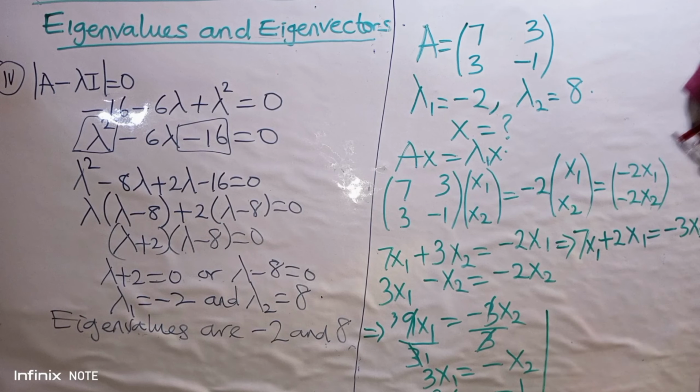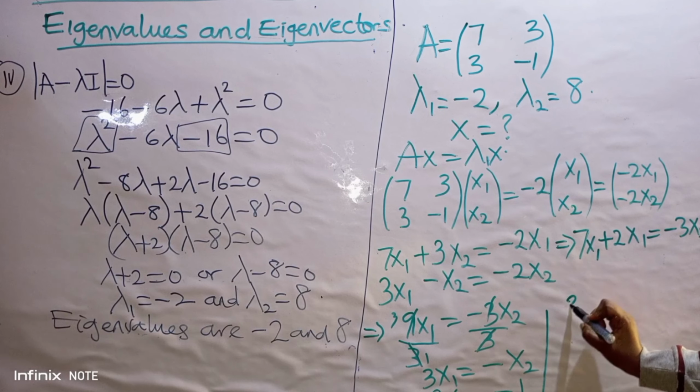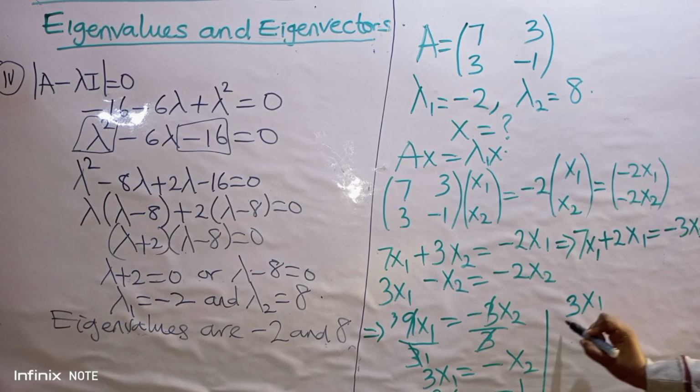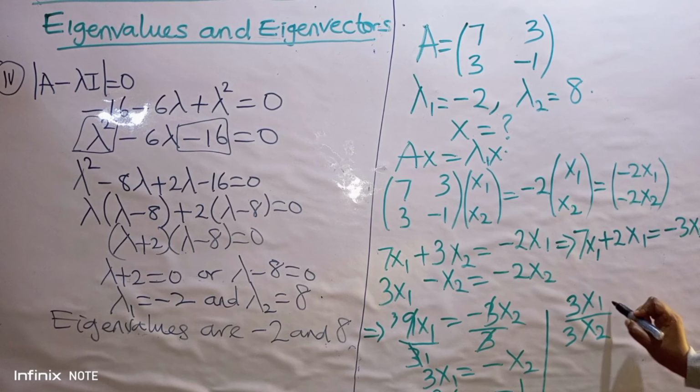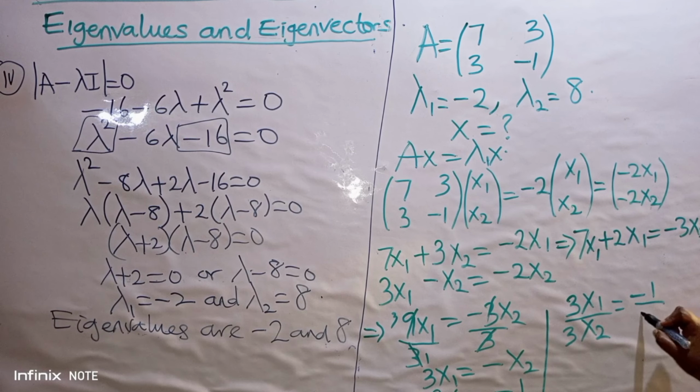So I can still divide both sides by 3, so I have x1 over x2 is equal to minus 1 over 3. So here it means that my x1 is equal to minus 1 and my x2 is equal to 3.